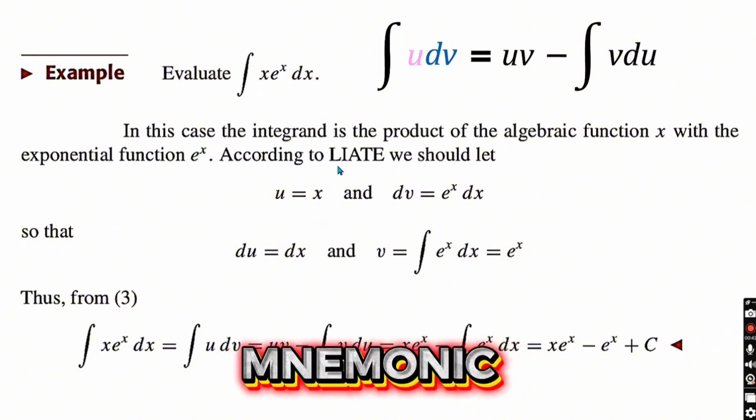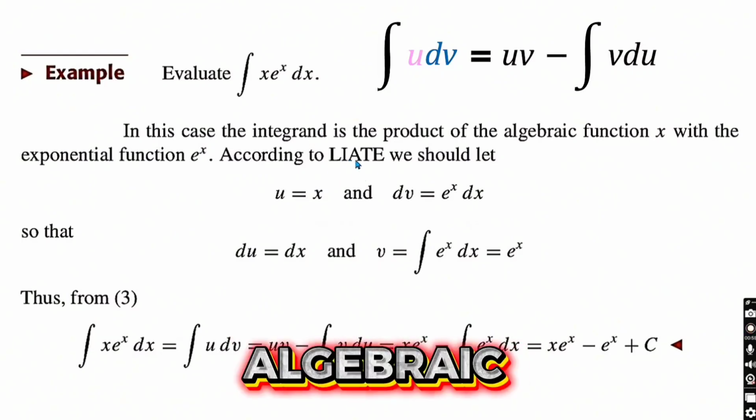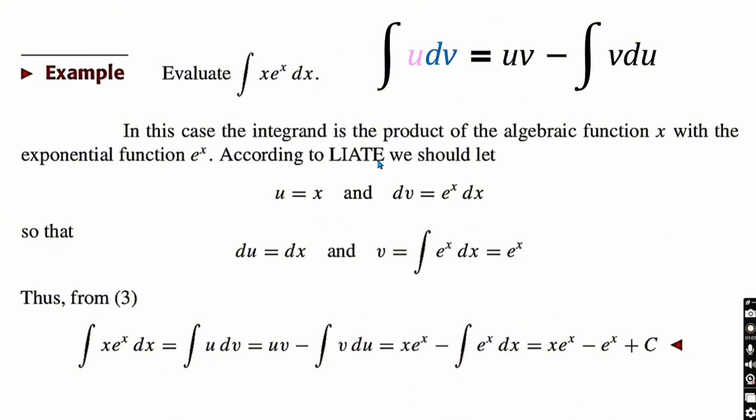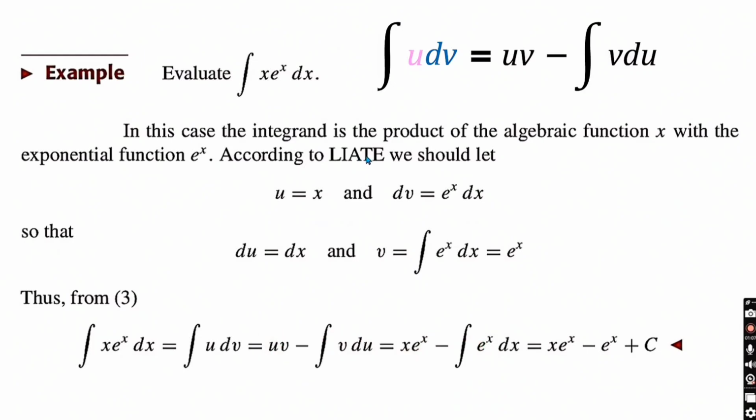According to this mnemonic, LIATE, we will let u equal x, since from this mnemonic the algebraic comes first, than the exponential. So this is logarithmic, this is inverse, and this one is trigonometric. So we have u, and dv is equal to e raised to the power of x with respect to x. So let's start.